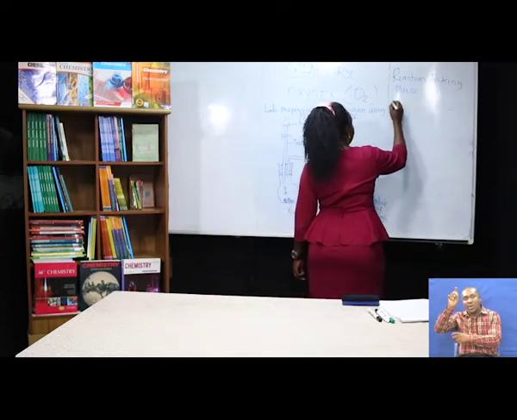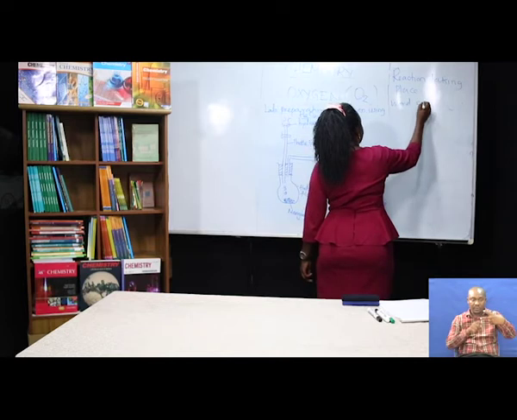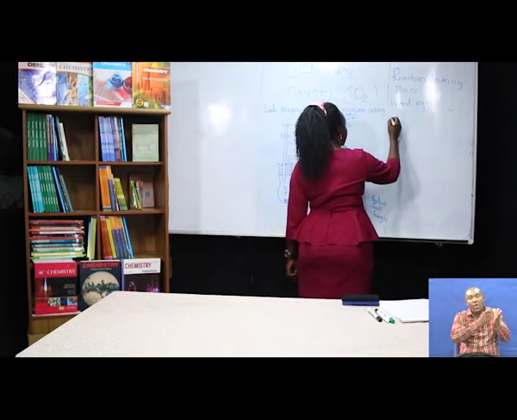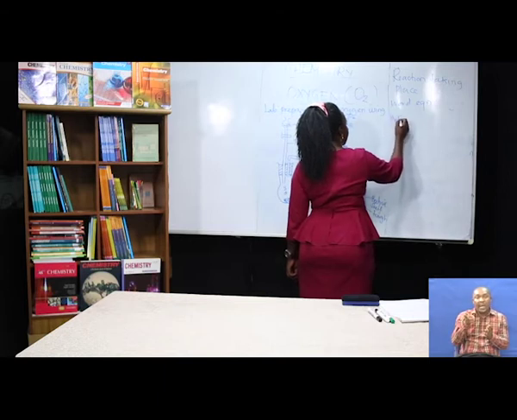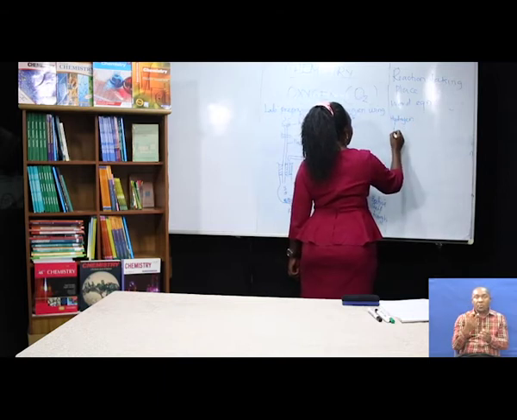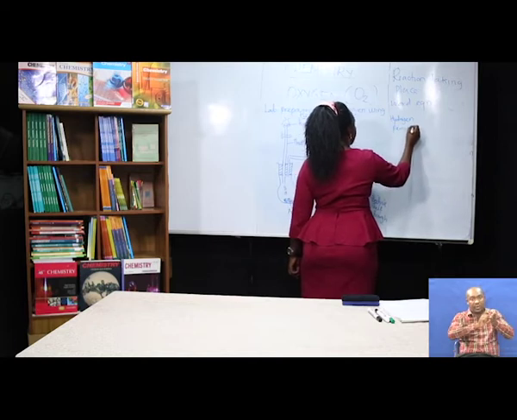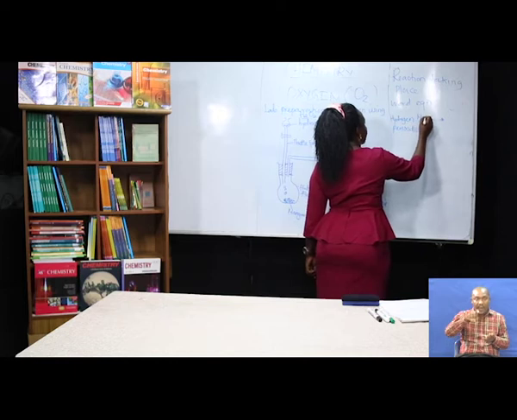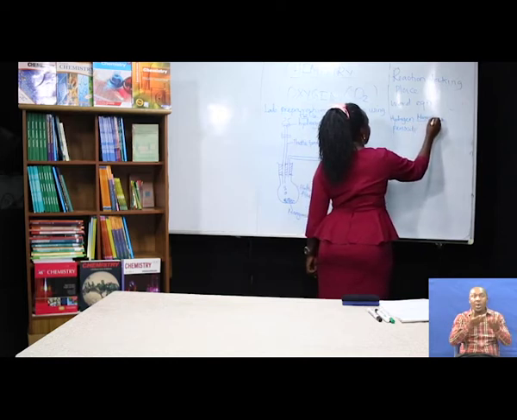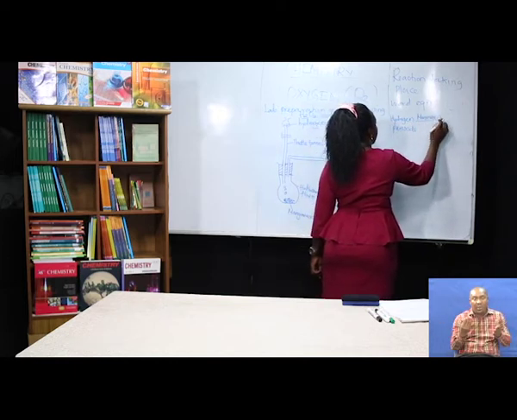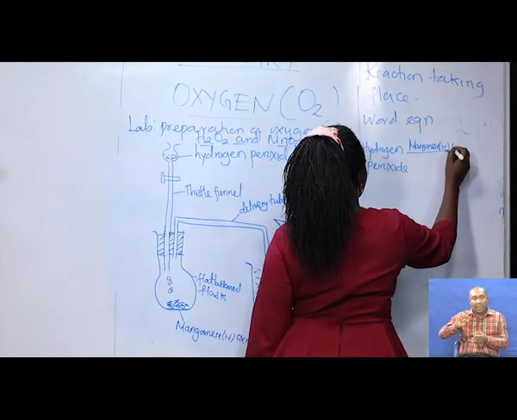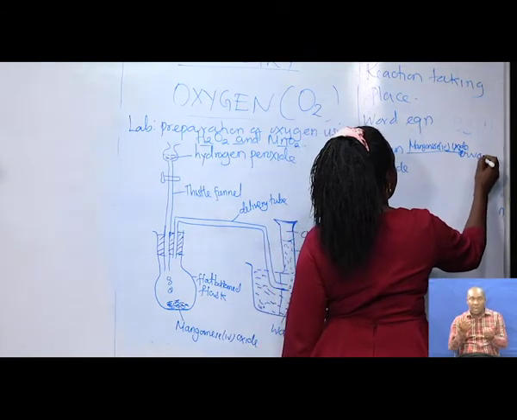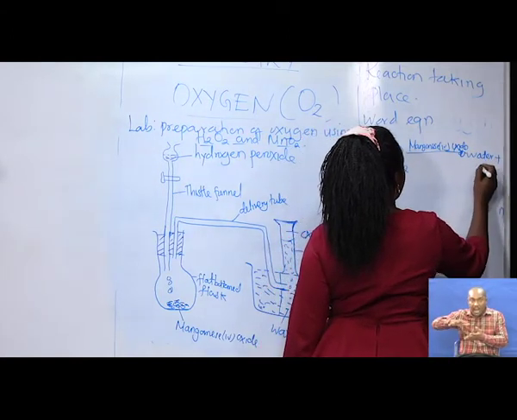The word equation is written as hydrogen peroxide, which decomposes under manganese(IV) oxide to produce water plus oxygen gas.